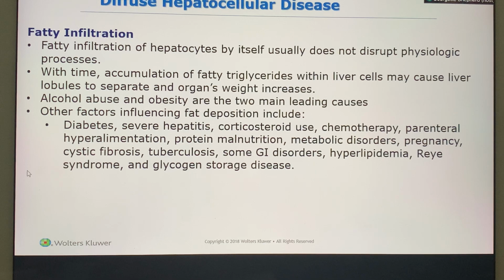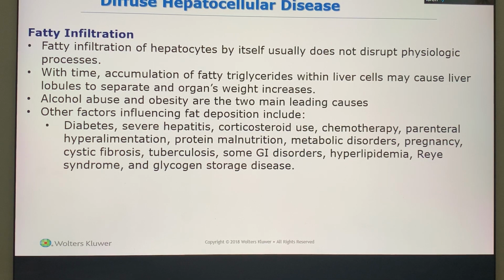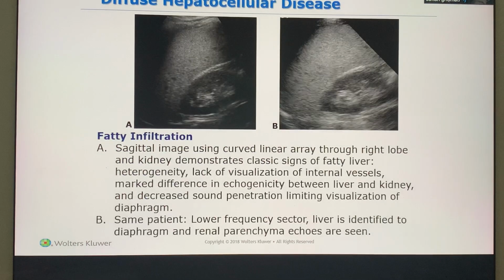Okay, so fatty infiltration looks a lot like glycogen storage disease. Glycogen storage disease, you need to know that that's hereditary. Of course, you need to know what it looks like.